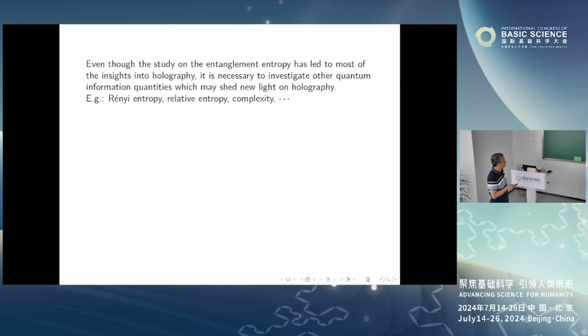For example, Renyi entropy, relative entropy, complexity, etc. For the Renyi entropy, it's not just a simple minimal surface in the bulk. You will see that for the Renyi entropy case, the backreaction cannot be neglected. Then in that case, one has to solve in the bulk side to find the gravitational configuration carefully.